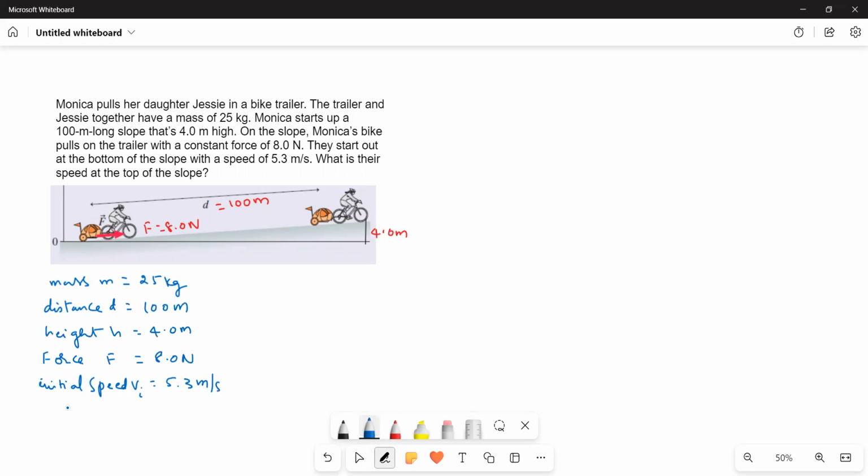And then I will write the gravity g is equal to 9.8 meters per second square. And then we have to find out Vf. Vf is the question mark.